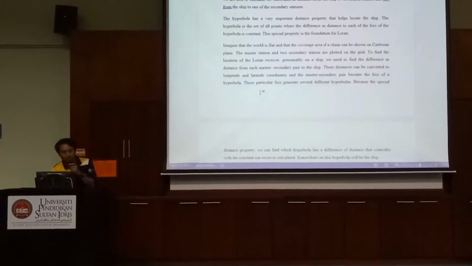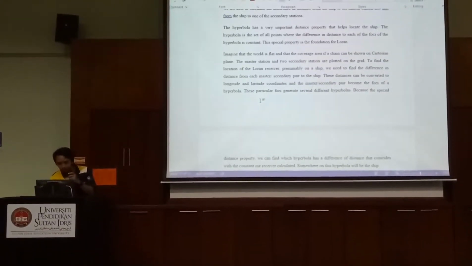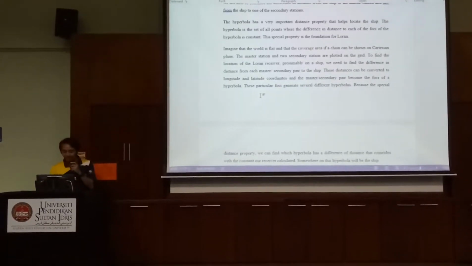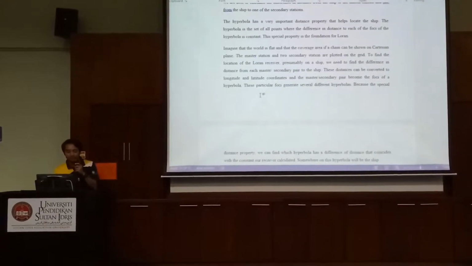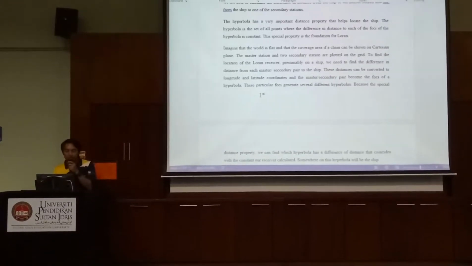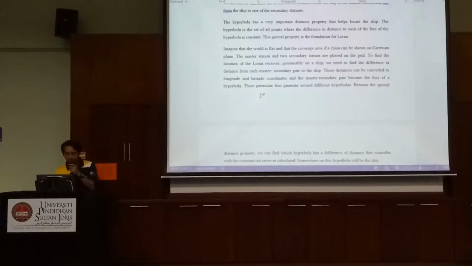To find the location of the Loran receiver, presumably on a ship, we need to find the difference in distance from each master and secondary pair to the ship. This distance can be converted to longitude and latitude coordinates, and the master and secondary pair become the foci of a hyperbola.